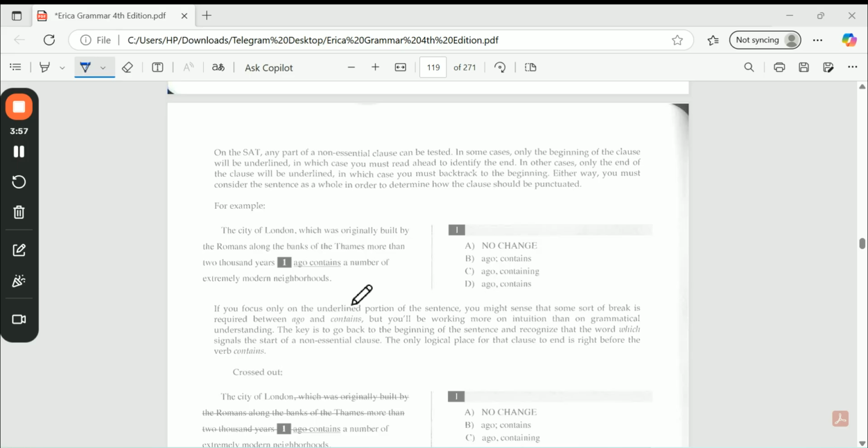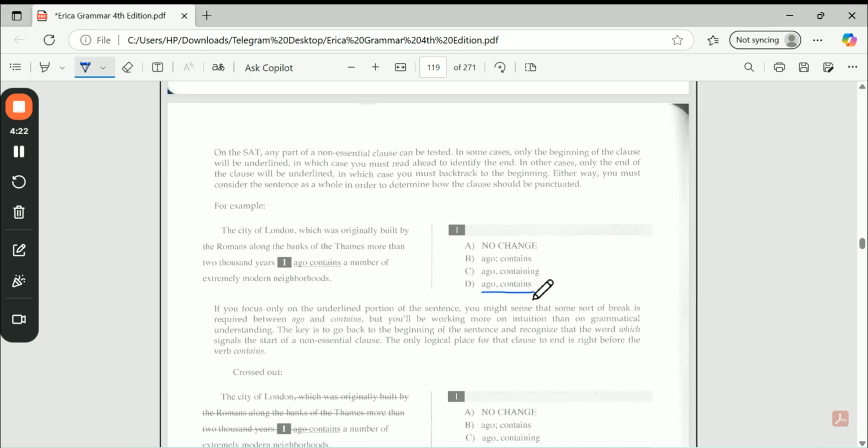So after the word ago, we need to close that clause with a comma before moving back to the main sentence. If you add the comma, it becomes: the city of London, which was originally built by the Romans along the banks of the Thames more than 2000 years ago, contains a number of extremely modern buildings. That's correct. So the answer is the comma after ago, then contains. This one is the correct answer.